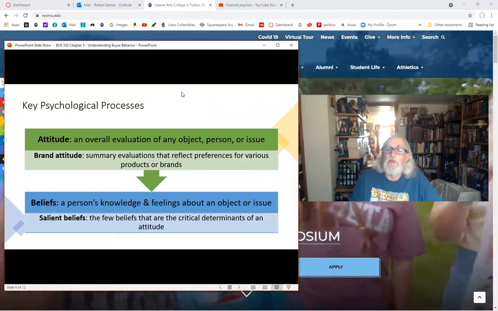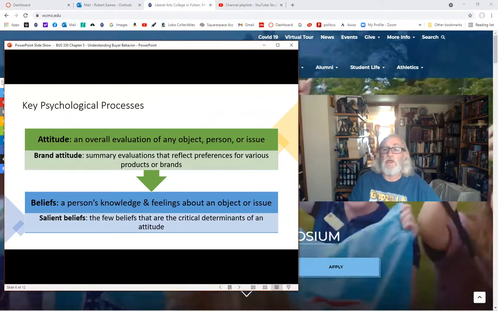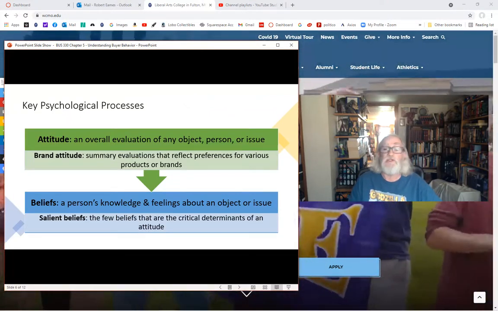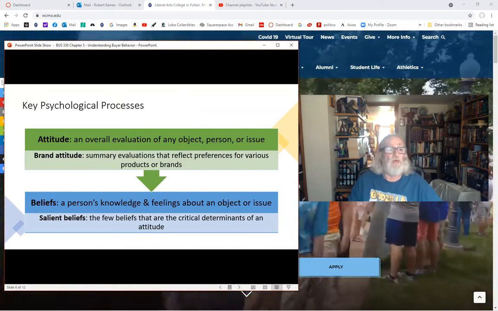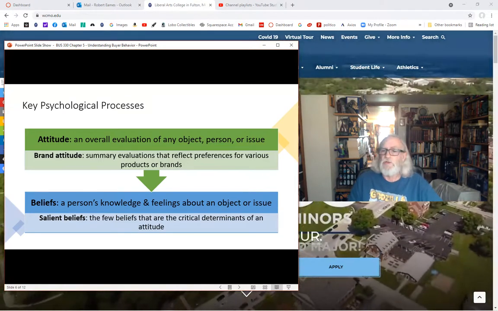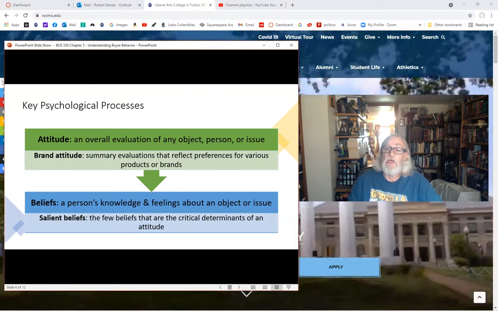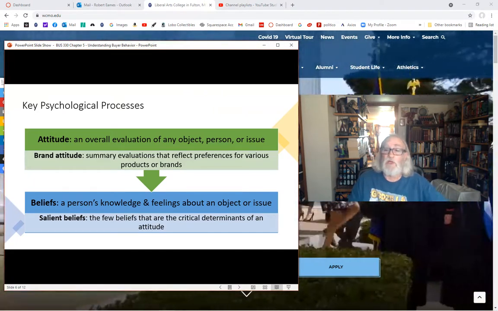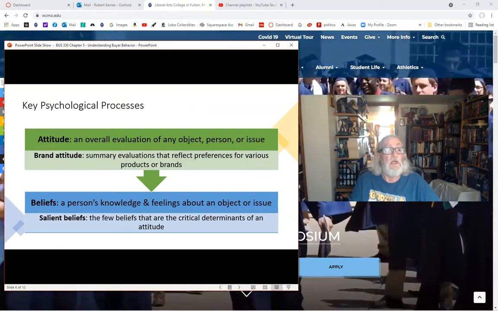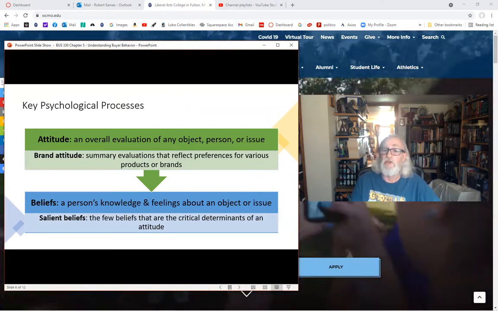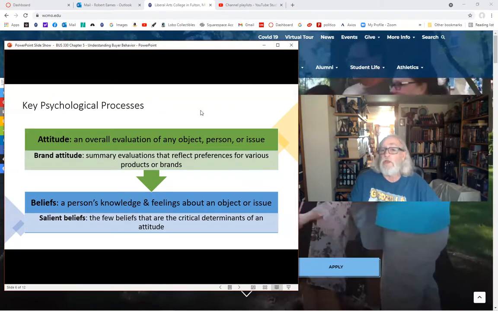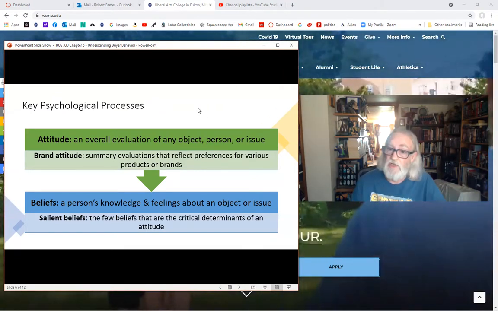Now, there's a lot of things going on in the minds of consumers, many key psychological processes. Marketers have to overcome attitudes, and attitudes are just a predisposition that anyone might have about any given object, person, place, thing, or event. And you have to break through an attitude if it's not favorable and get them to see your product or at least think about it.